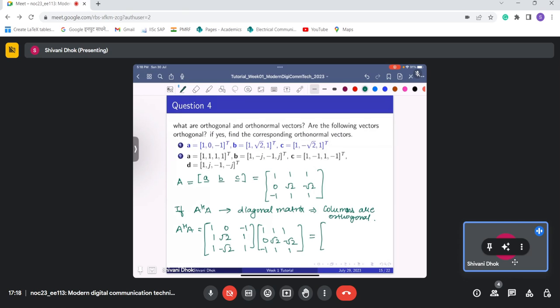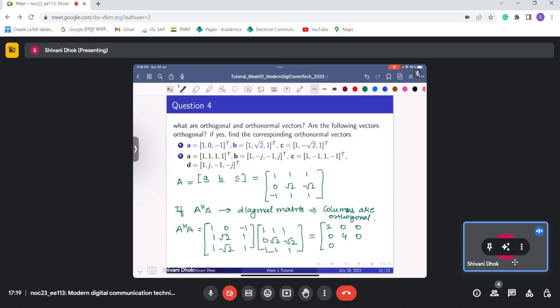So if we do that, the first column will be 1 times 1 plus 1, that is 2. Next one will be 1 plus 0 minus 1, that is 0. Then the third one again will be 1 plus 0 minus 1, that is 0. Second row: 1 plus 0 minus 1, 0. This one is 1 plus 2, 3, 3 plus 1, 4. Similarly this one is 1 minus 2 plus 1, that is 0. Now this entry here will be 1 plus 0 minus 1, which is 0.